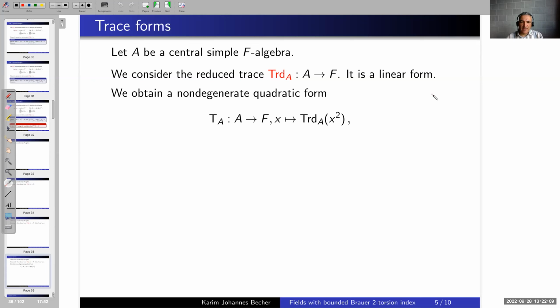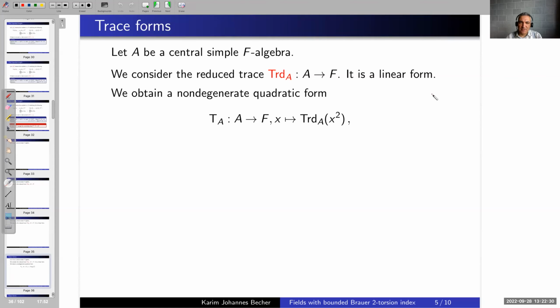Nonetheless, I must admit that for quite a while I knew that there are trace forms of several types of algebras, field extensions, central simple algebras. It didn't interest me that much. I thought, would you really get interesting quadratic forms out of it?